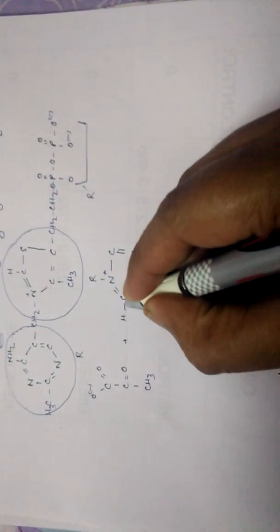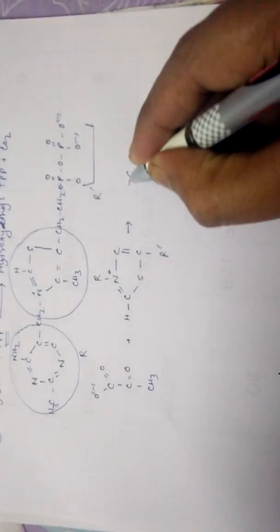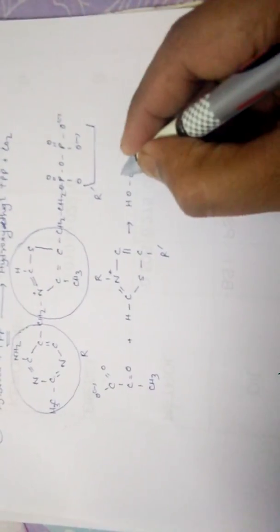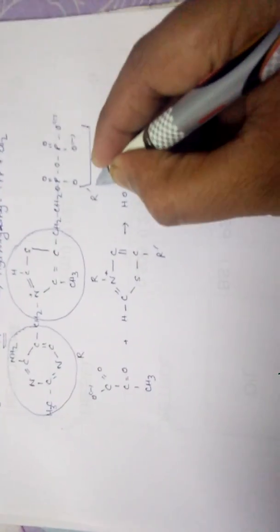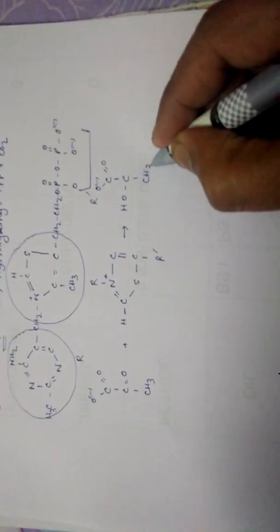This hydrogen will be taken up by the carbon to produce COH. This is the first carbon, O minus, double bonded O. This is the last carbon, CH3.